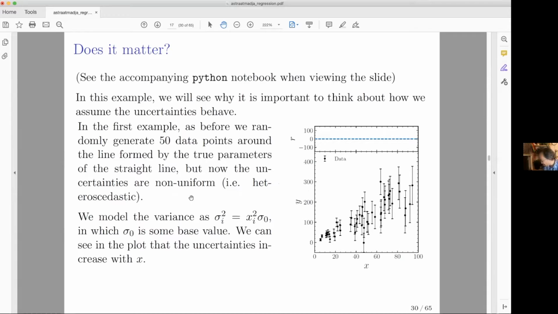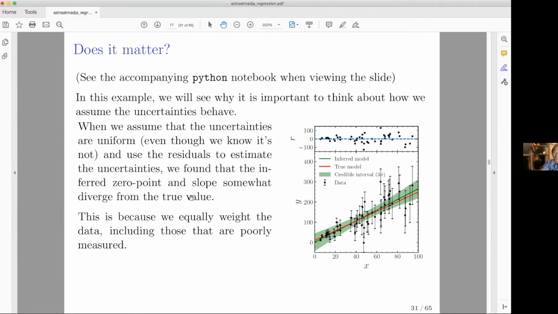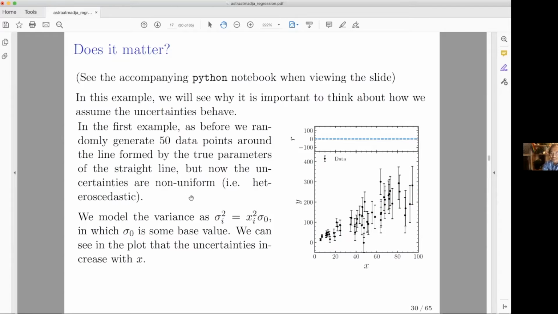Right. So why do we care about all of these uncertainties? Because here we are assuming that the uncertainties are non-uniform. Here I generate a new data set, but now the uncertainties are non-uniform.